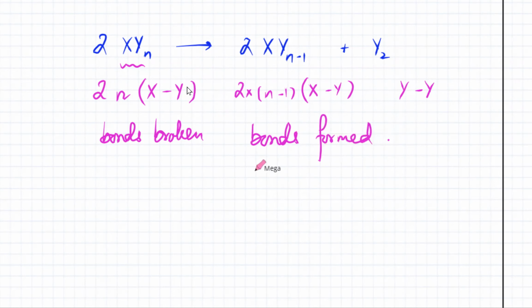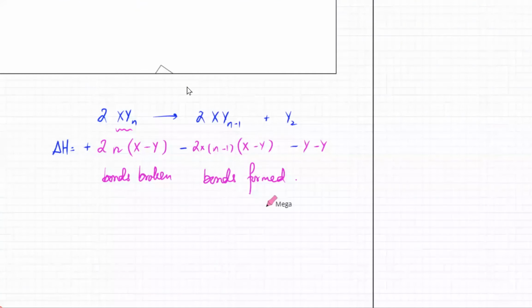Bonds broken is endothermic, so that would be positive. Bonds formed would be exothermic, so they would all be negative. And your enthalpy change of the reaction is going to be equal to this entire thing. So in terms of X and Y, I was able to figure out how many bonds are broken and how many are formed. But in this case, I'm never going to get the expression they were looking for.